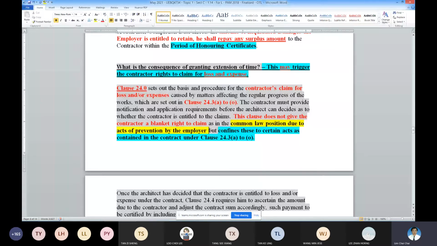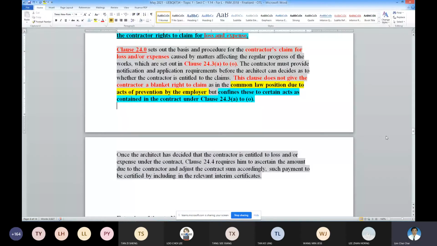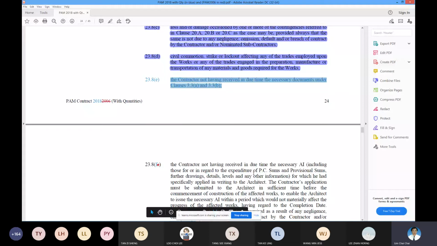Okay, so this is how the extension of time can trigger the loss and expense claim. You read through your 24.3a to O, which is linked back to your 23.8a to Y. Okay, I'll give you another example. Just choose one: any act of prevention by the employer.